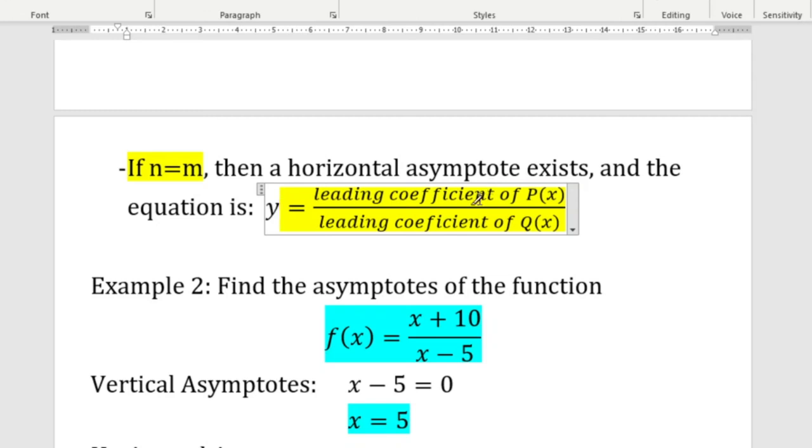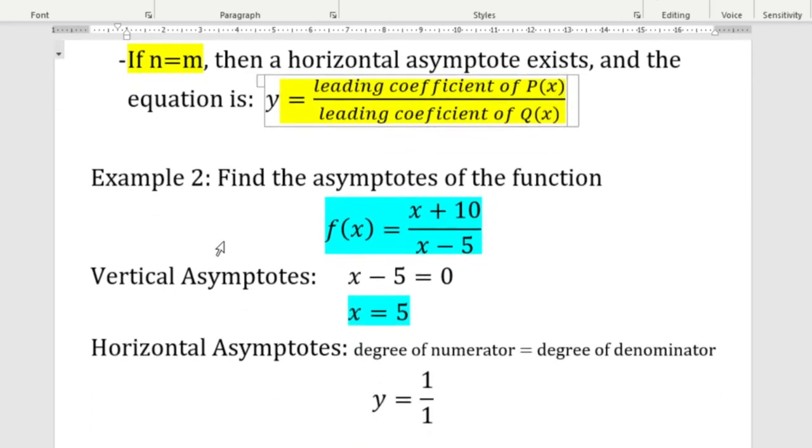Okay? Let us have this example. Find the asymptotes of the function f of x is equal to x plus 10 all over x minus 5. Again, x plus 10 is a polynomial function and x minus 5 is a polynomial function, so this is a rational function. Now, first we will look for the vertical asymptotes.